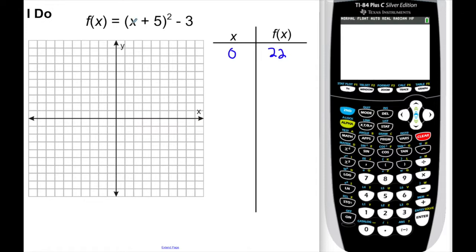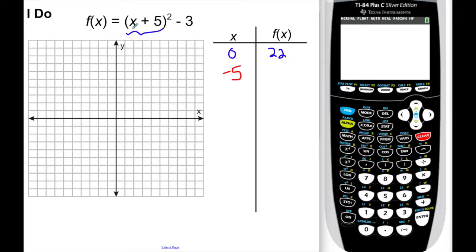Instead, we're going to take a look inside here. And look, I'm not about making you learn rules. What I asked was, what's the easiest number to plug in? If we think about making it as easy as possible to figure out the y value, what would you choose? A student noted, what if I choose -5?